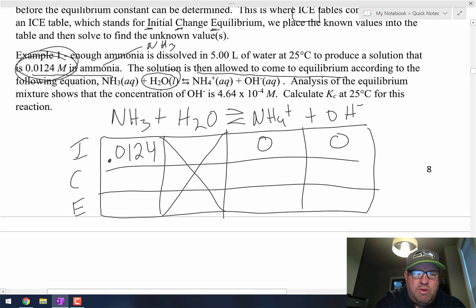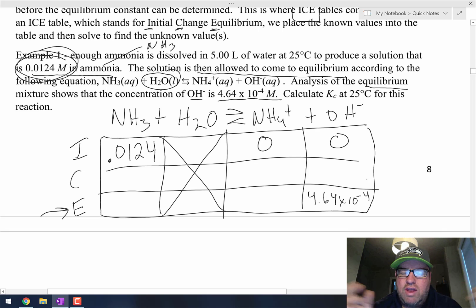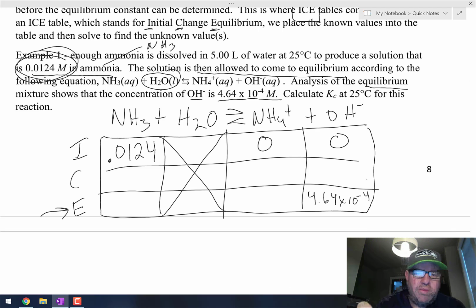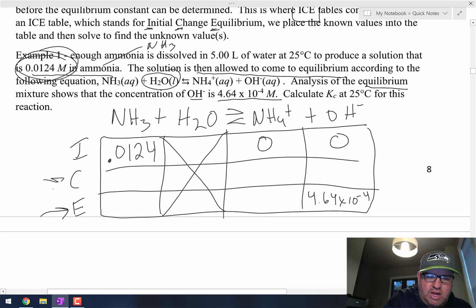Analysis of the equilibrium mixture shows that the concentration of hydroxide, so now we're down here at the equilibrium, is 4.64 times 10 to the minus fourth. And that's all the information that they give us. The one part that we now need to fill in is the change part.